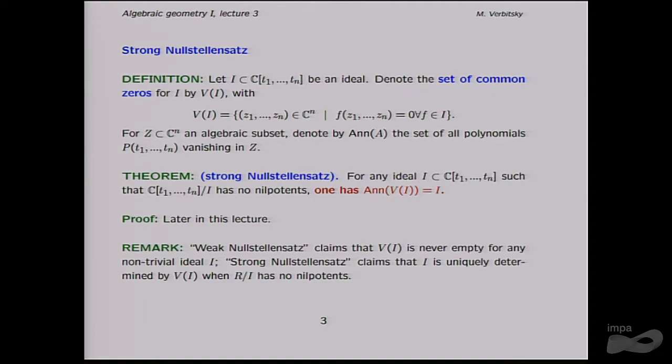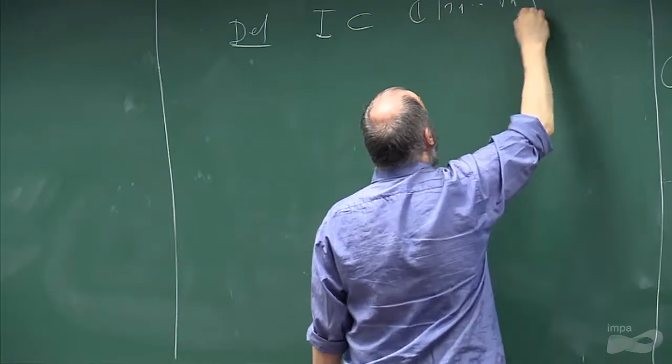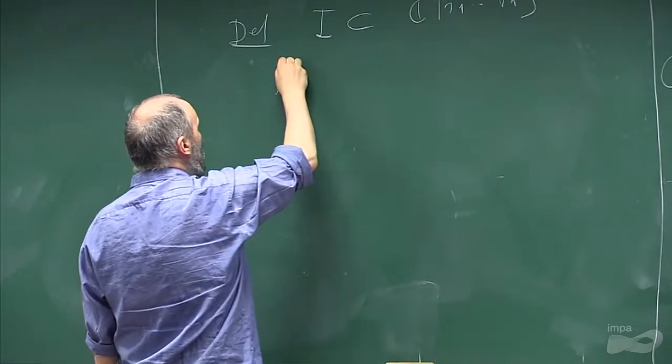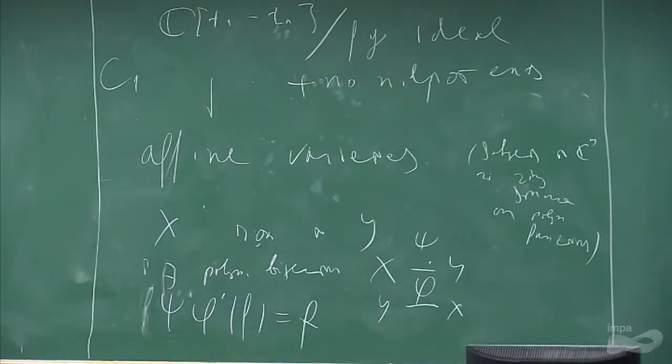Okay. So let me introduce a couple of notations, definitions. If you have an ideal I inside the polynomials, I denote by V of I its zero set, the common zeros.